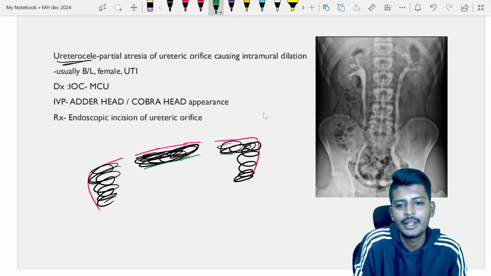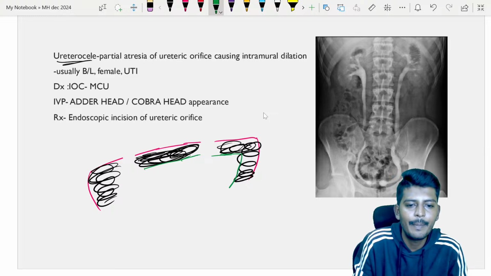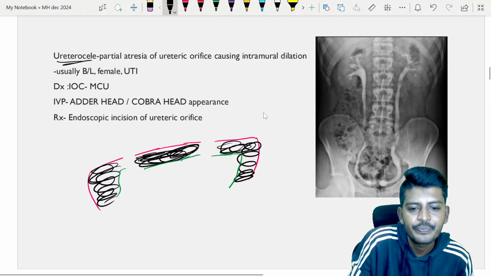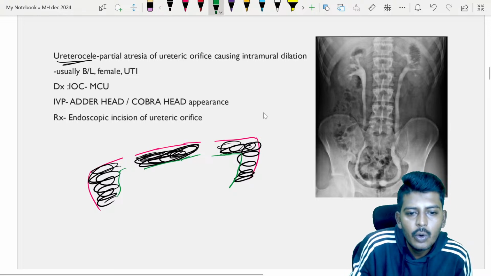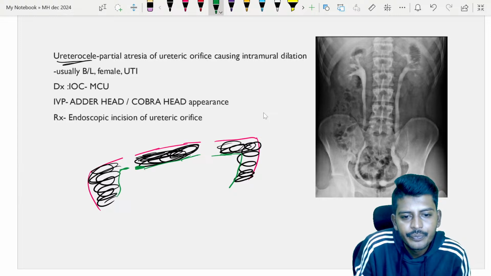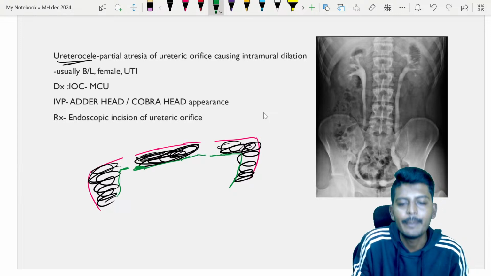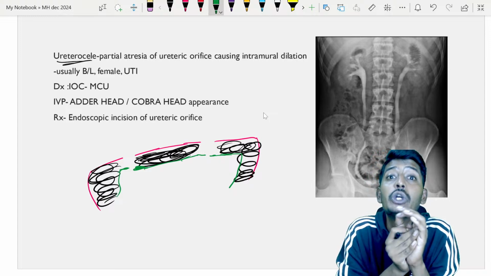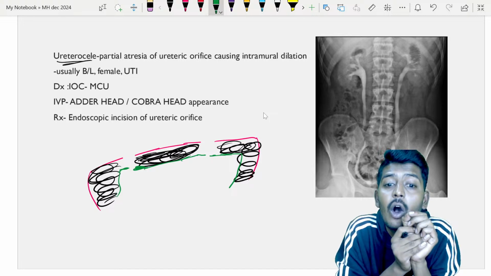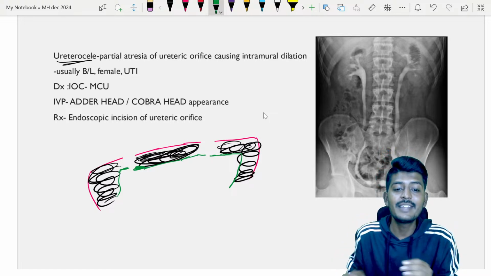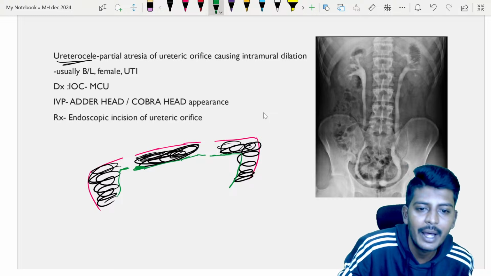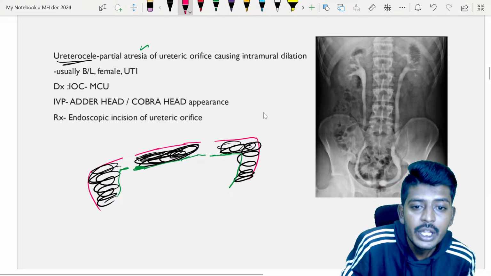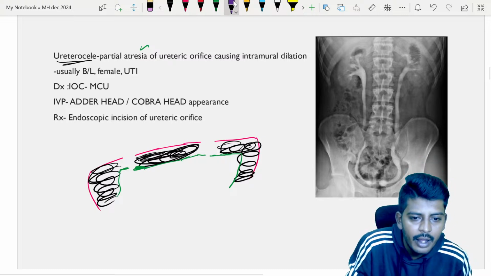Now what happens here is that there is a small opening, the opening which is present for the ureters to open, the ureteric orifice. The ureteric orifice is partially atretic. Atretic means absence of formation, because of which the ureter comes from above.